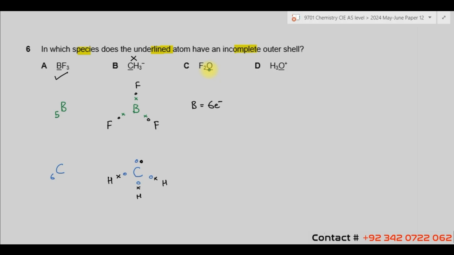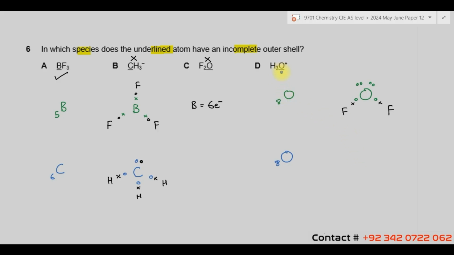Third one is OF2. Let's say with oxygen the atomic number is 8. So there are 6 electrons in outermost shell. 1, 2, 3, 4, 5, 6. 2 electrons are bonded to 2 fluorine atoms, making single covalent bond each. Now this is OF2 and we have 8 electrons. Last one is H3O positive. So let's look at oxygen again. 8 electrons.